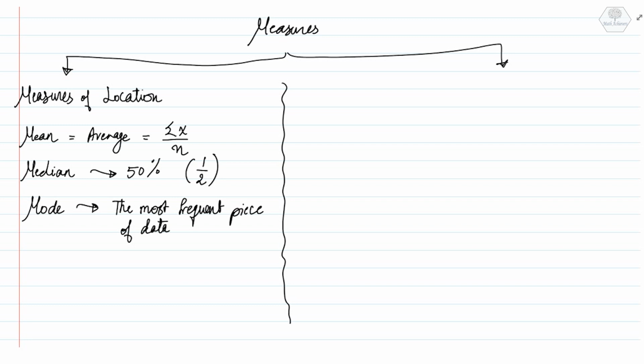Let's say I have a class with scores out of 10. Most of the class has a score of 3 or 4, and 2 of them have full marks, 2 tens. When you calculate the mean, it will be higher than 4. It will be biased because of these outliers, the 2 students scoring a 10.